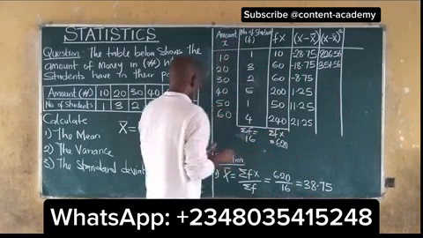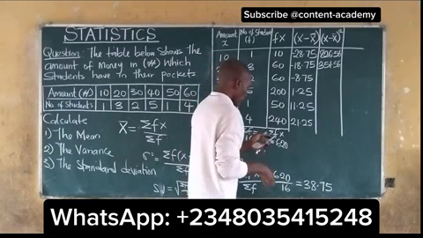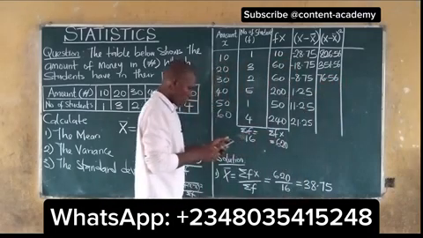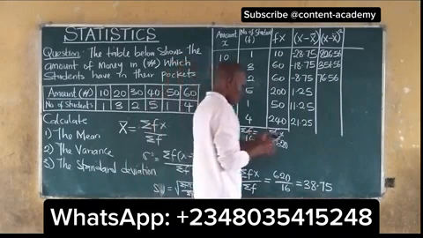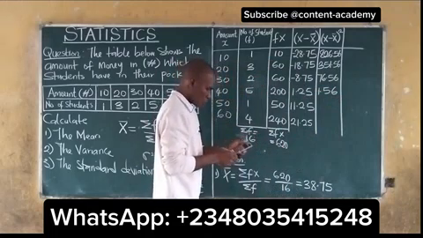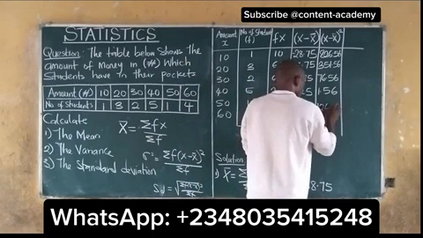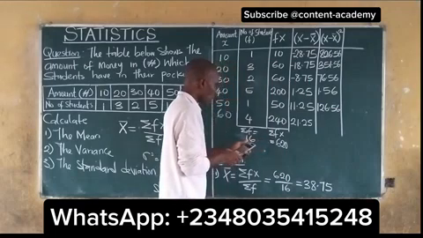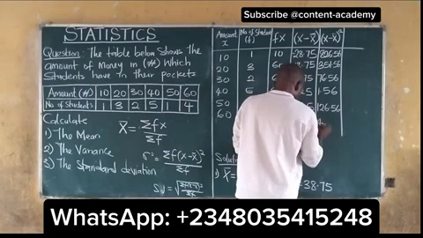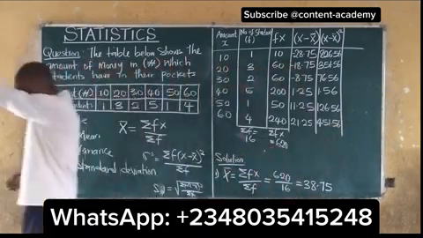Also, 8.75 squared is 76.56. Then 1.25 squared is 1.56, 11.25 squared is 126.56, and 21.25 squared is 451.56.